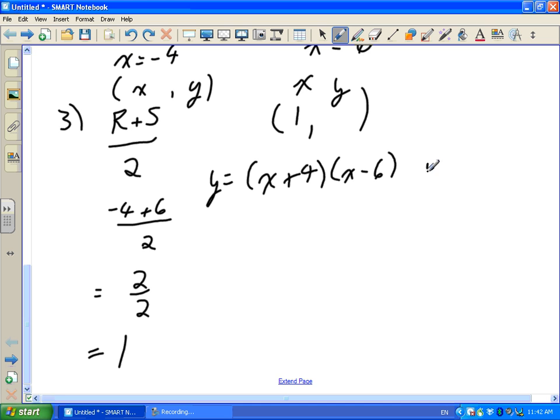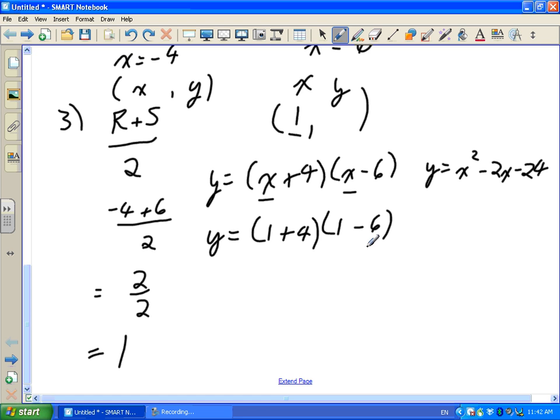And what was the original? Y equals X squared minus 2X minus 24. We take this 1 value and plug it in for the X's. So I'll do this equation first, the one on the left. Y equals 1 plus 4, 1 minus 6. It's going to give me 5.